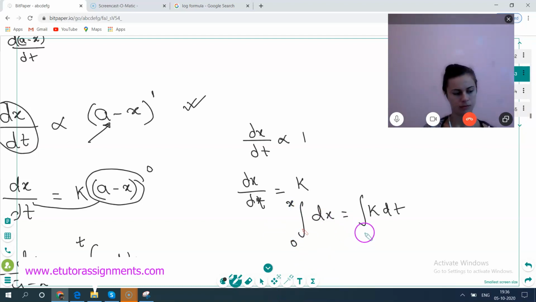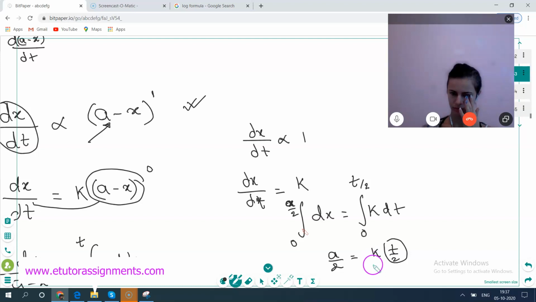Time: 0 to t half. t half means half of the reaction, half of the concentration, meaning A by 2. So A by 2 is equal to k times t half.